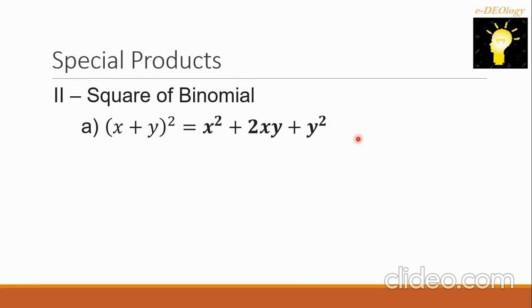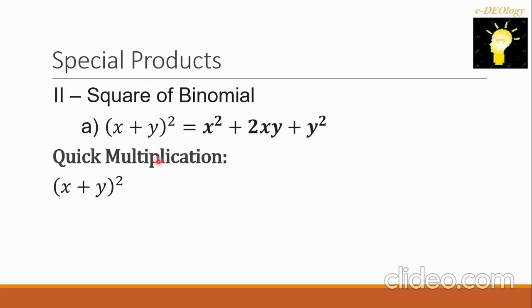So let's have a quick multiplication of this x plus y all raised to 2, this square of binomial here. First, we are going to expand the exponent. The power 2 simply means we have x plus y times x plus y.